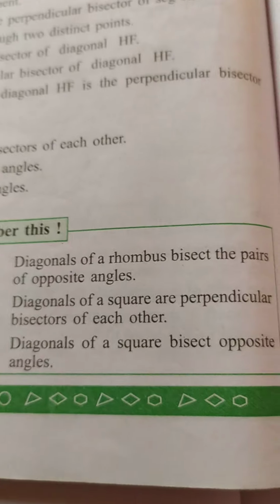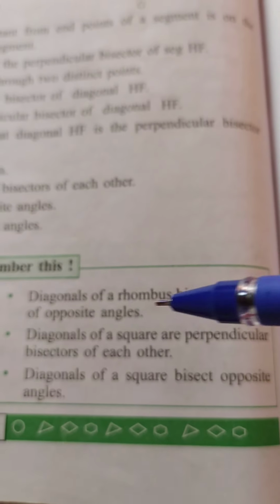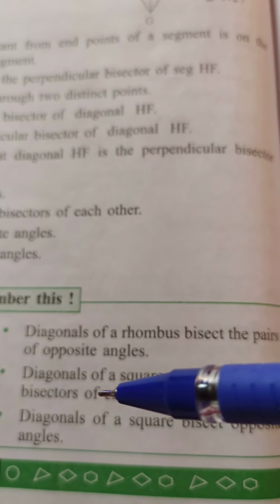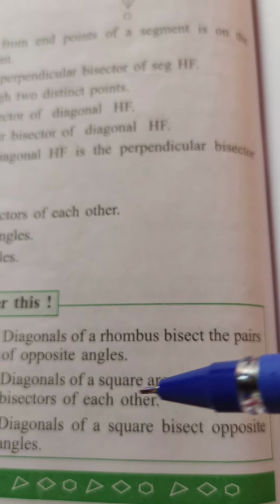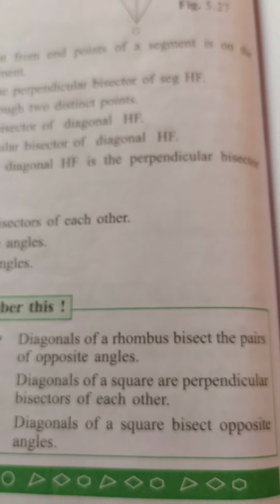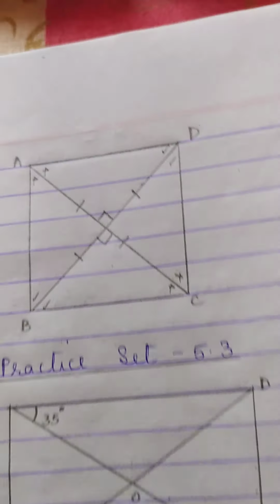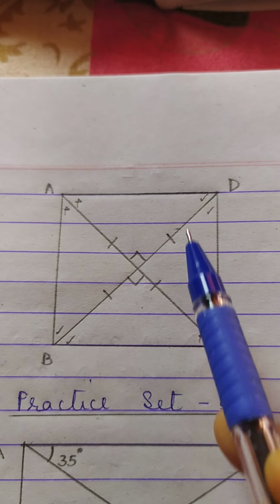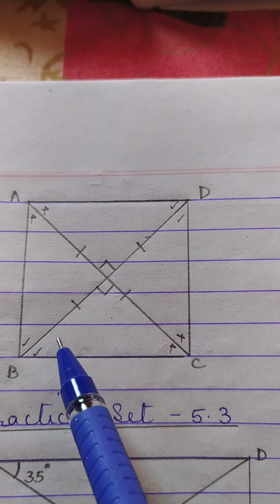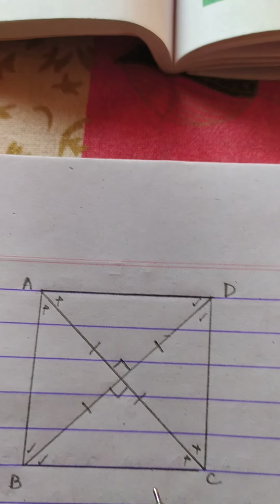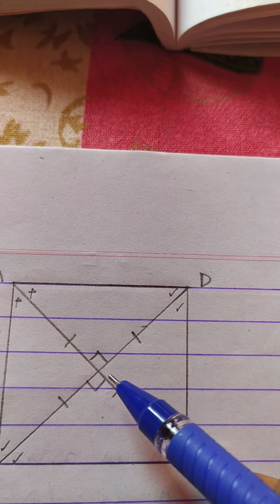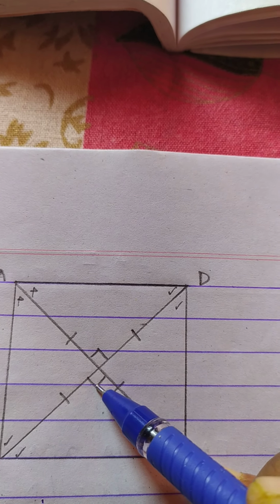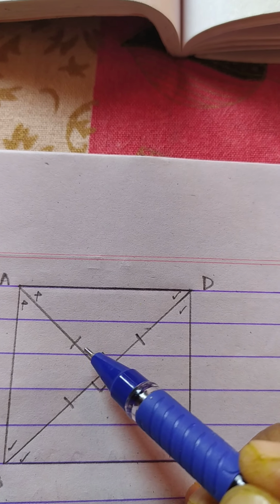Okay. Next, diagonals of a square are perpendicular bisectors of each other. Diagonals of a square bisect opposite angles. See what it means is, suppose I have drawn a square ABCD. I have drawn the diagonals. When I say diagonals are perpendicular bisectors, it means they will form 90 degrees like this and they are also bisecting each other.